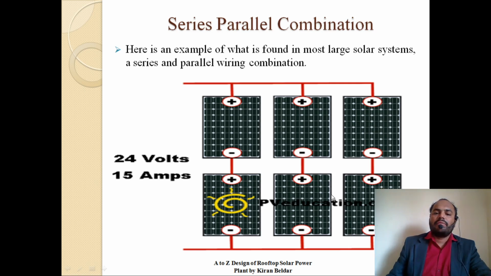Taking out this power, the currents get added. So 5 ampere in this string, 5 ampere in this string, and 5 ampere in this string, so the total is 15 ampere and the voltage is 24 volt.